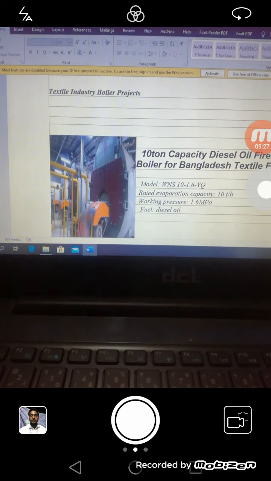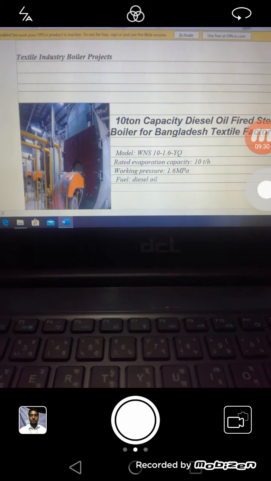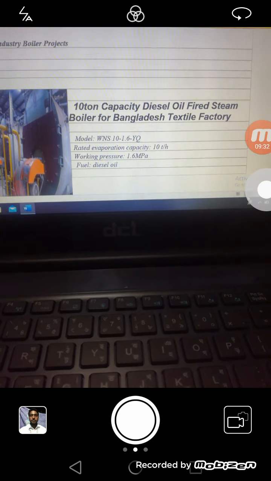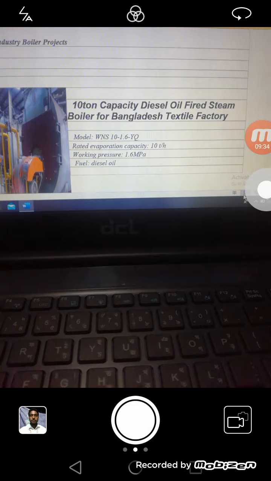Here is a textile industry boiler project. 10 ton capacity diesel oil fired steam boiler for a Bangladesh textile factory.